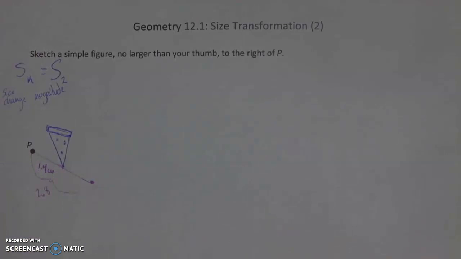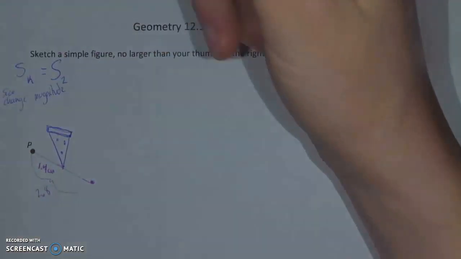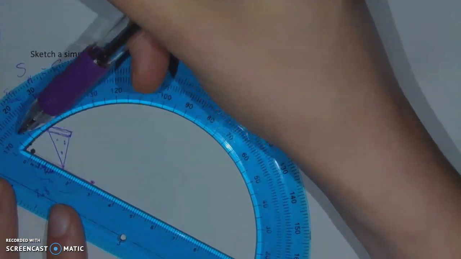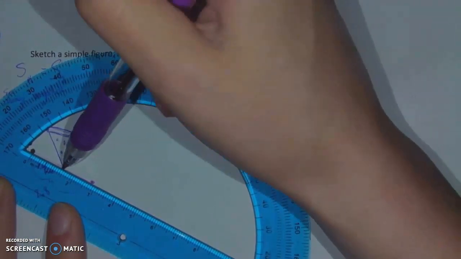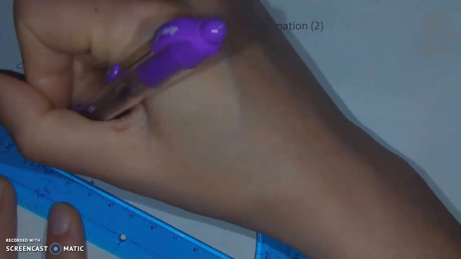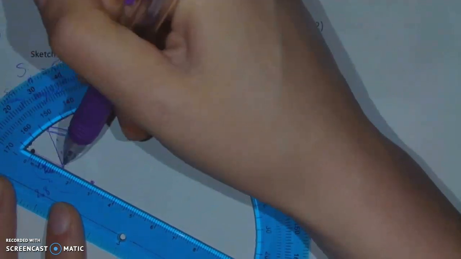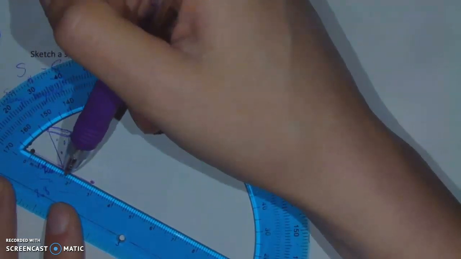Now, what I did first with my size change is I started with my protractor ruler. You can use any ruler to do this, of course. And I just measured the distance between my center and one of my points on my figure. Doesn't matter which one. Please, when you're doing this, be very careful that you're actually on the center and make sure that when you're doing your measurements, you're dealing with probably centimeters rather than inches.